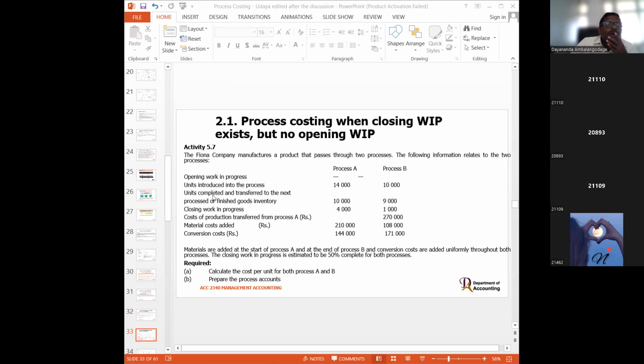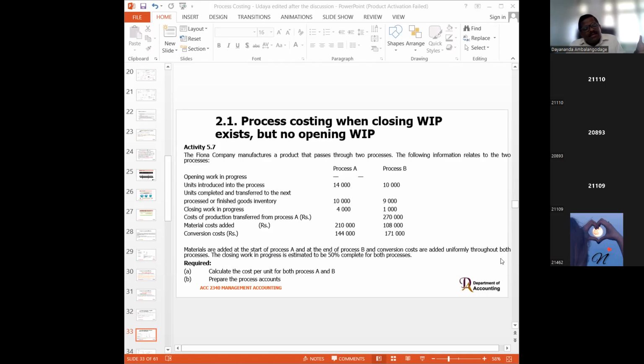Units introduced, units completed, finished goods inventory, closing WIP, cost of production transferred, material cost added, and conversion cost. Material is added at the start of process A and at the end of process B. Conversion costs are added uniformly throughout.